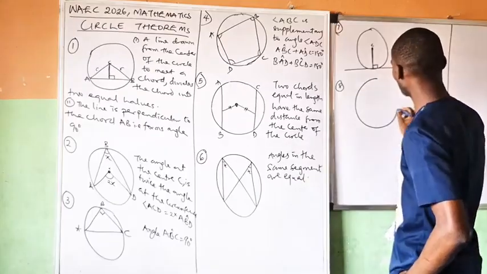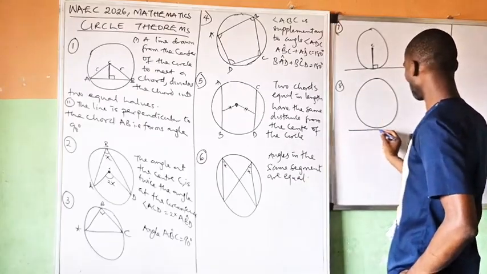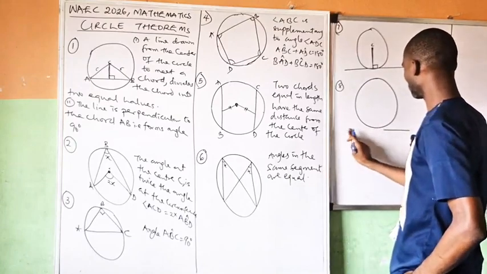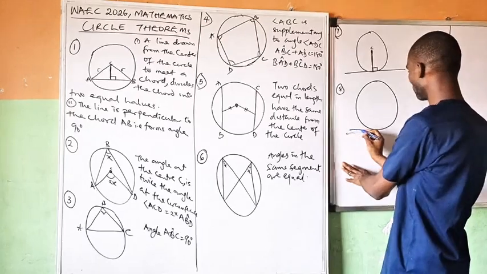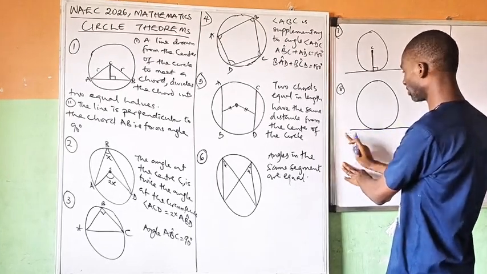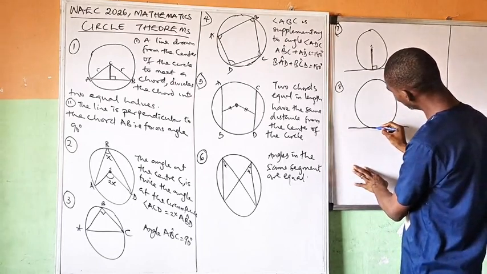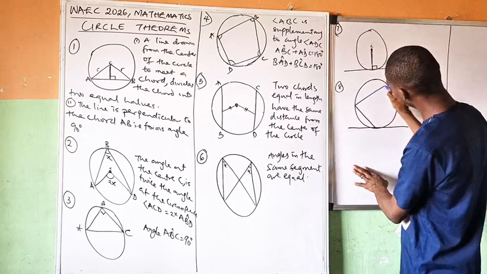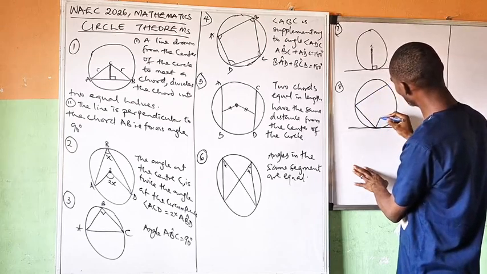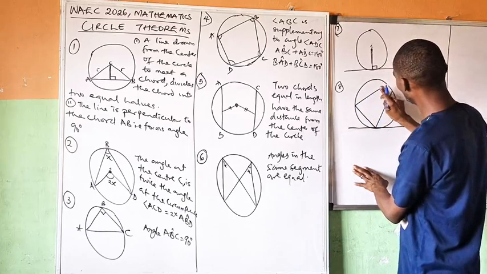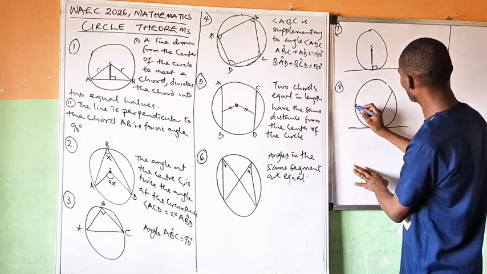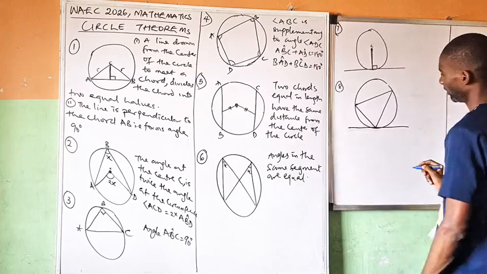If you have a circle and you have a tangent here, and then I have a triangle, something like this. All right.